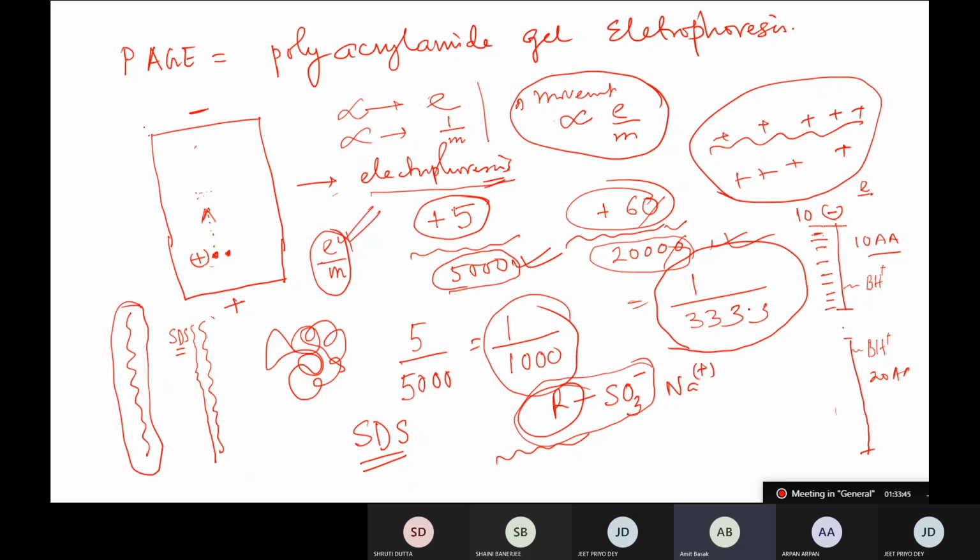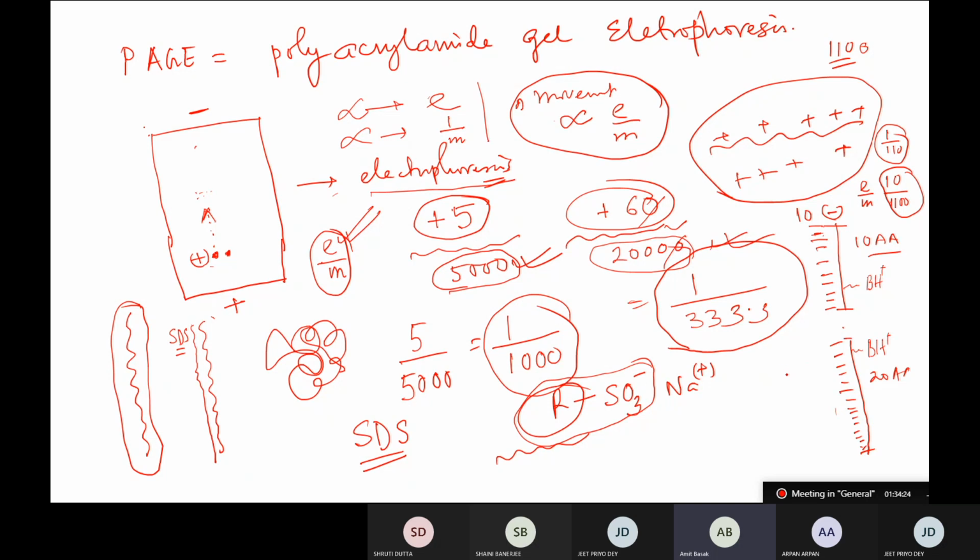So what will be the E by M value? Last time I said an amino acid has an average molecular weight of 110. So 10 amino acids means 1100, and the total E by M will be 10 by 1100, that means 1 by 110. For the other one, with 20 amino acids, there will be 20 SDS molecules surrounding it.